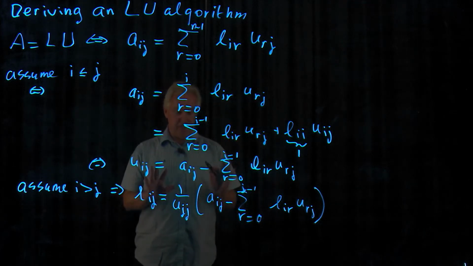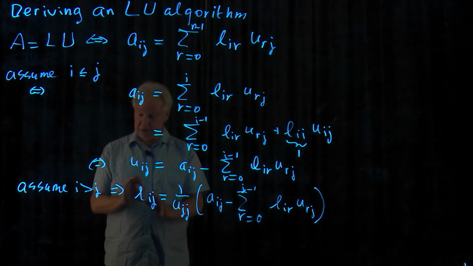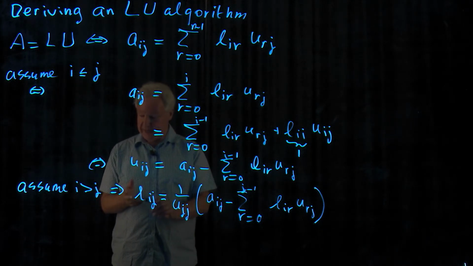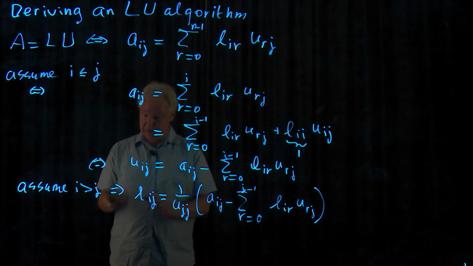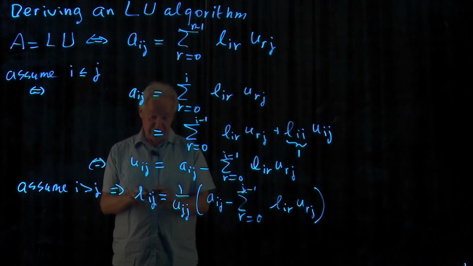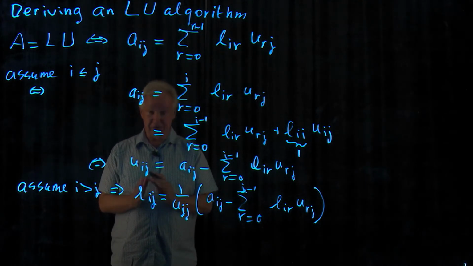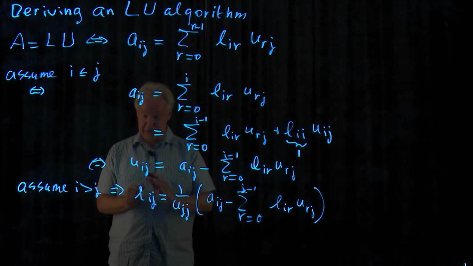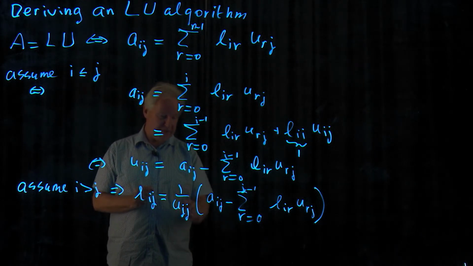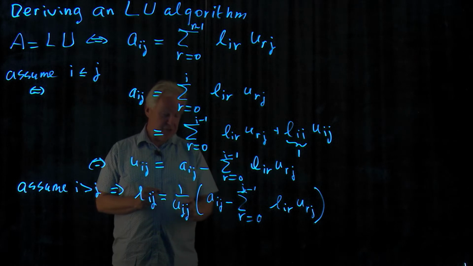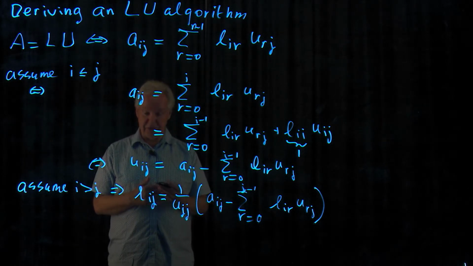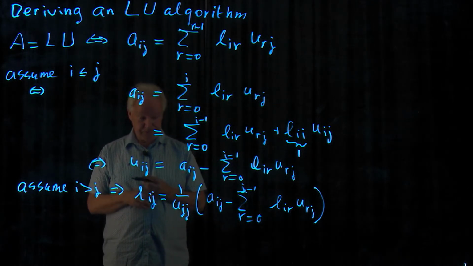So this gives a formula to compute the elements of the lower triangular matrix, and we only need to compute those below the diagonal, because those on the diagonal are 1. Here we have to divide by Ujj, the diagonal element of U, which is not equal to 0.